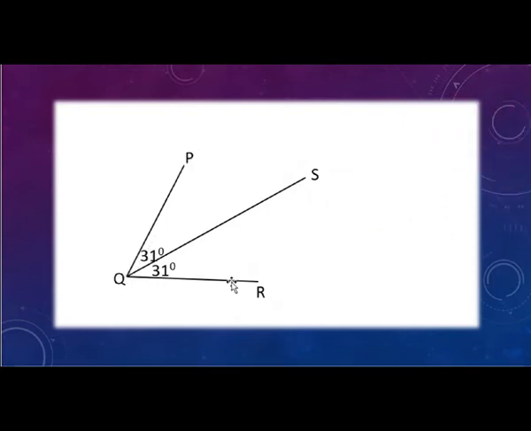Angle PQR, which was 62 degrees, now has been bisected by line QS. When you divide 62 by 2, you get 31. So each of these two angles formed here is 31, because QS has bisected the angle, dividing it into two equal halves.